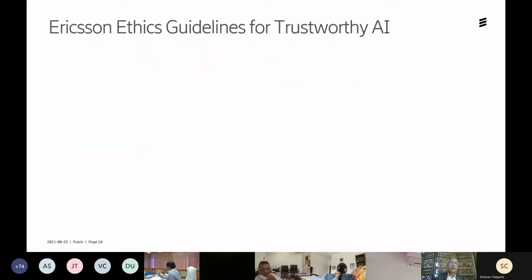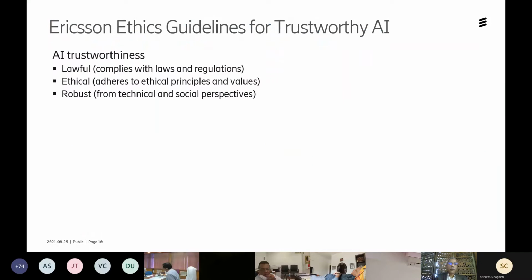So a little bit about that. How do we approach this? Again, on trustworthiness, we heard about the 3 considerations about being lawful, about being ethical, and about being robust. Robustness from a technical perspective, as well as from a societal and environmental perspective.